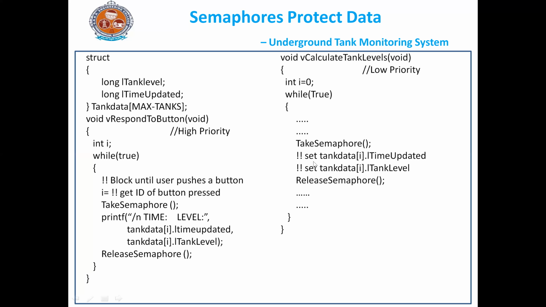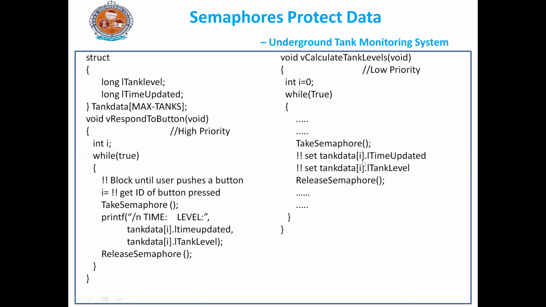But in the previous session we have seen that suppose at time t1 you have measured the tank level, and the level is L1. Now again it is calculating the tank level at time t2, and the level is, for example, L2. So at time t1 the level is L1, and at time t2 the level is L2.